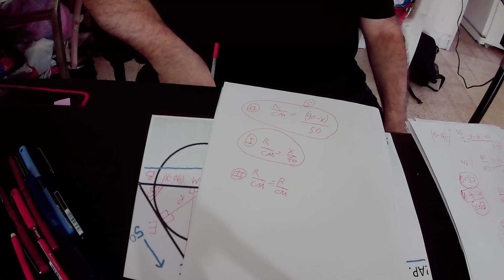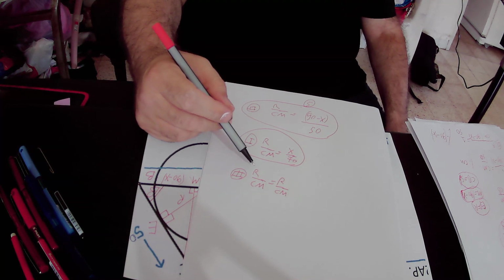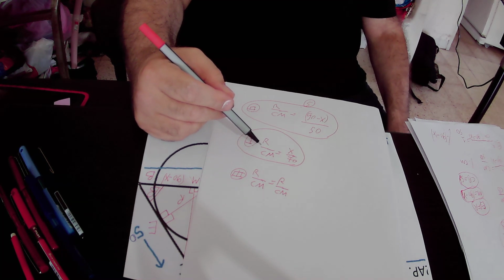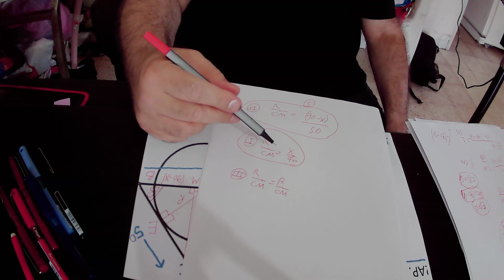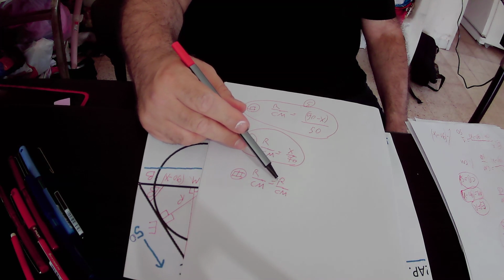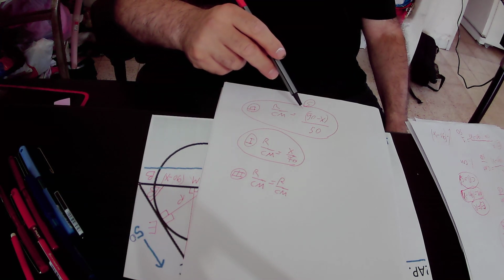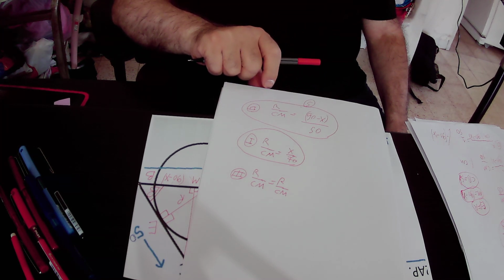Now, in the next step, I will substitute R over Cm in this side of the equation by the value of R over Cm from the first equation, that is to say x over 70, and then I will substitute the value of R over Cm in this side of the equation by the value of R over Cm from the second equation, that is to say 90 minus 6 over 50.